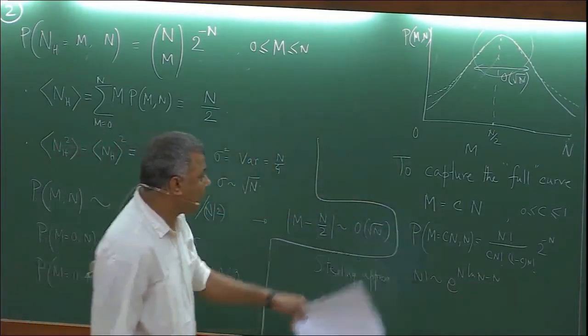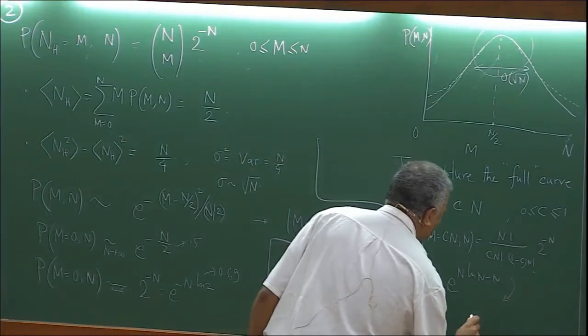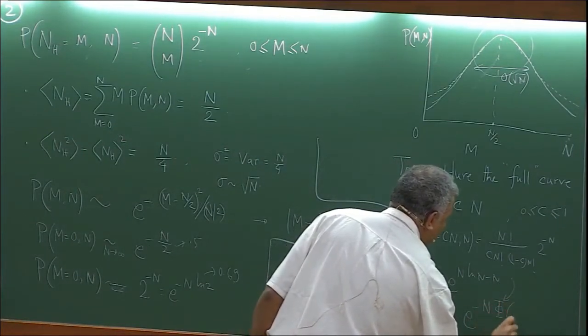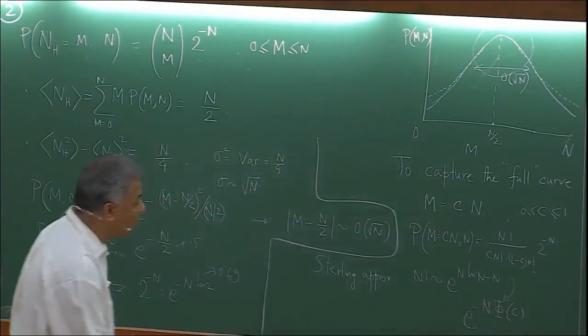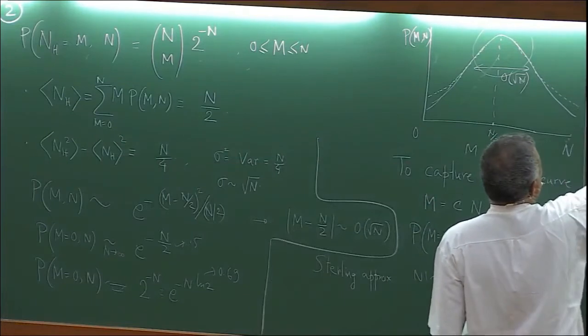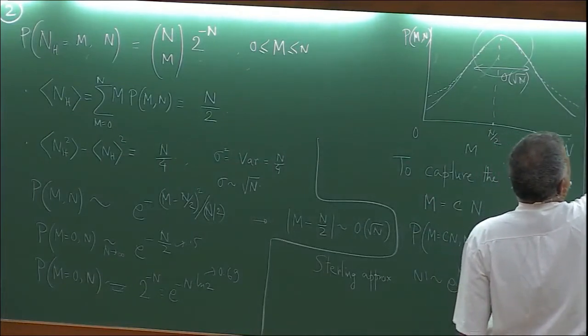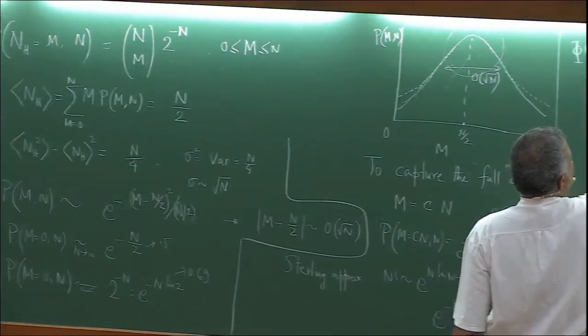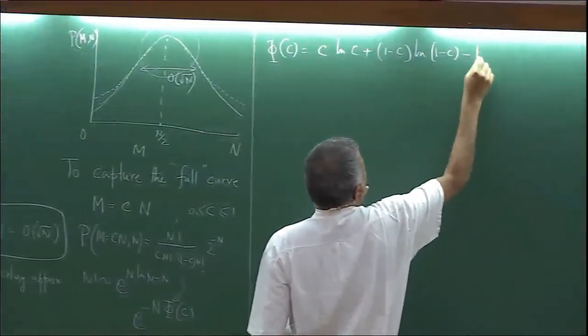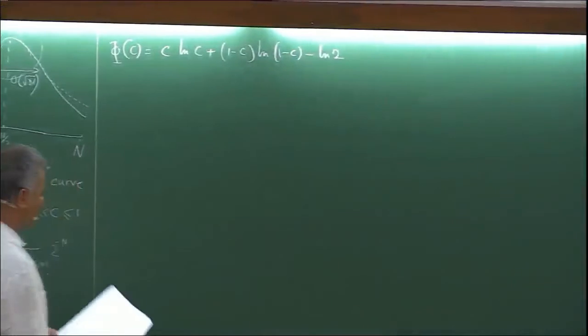So if I just put it back there, a simple exercise will tell you that this is of this large deviation form, where phi of c is the rate function, which is just c log c plus (1 minus c) log (1 minus c) minus log 2. Okay?